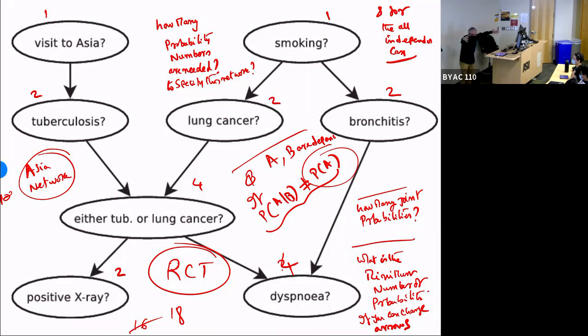So if you're given 2 networks, which network is better in explaining the data? There is a way of computing the likelihood of the data given the networks.